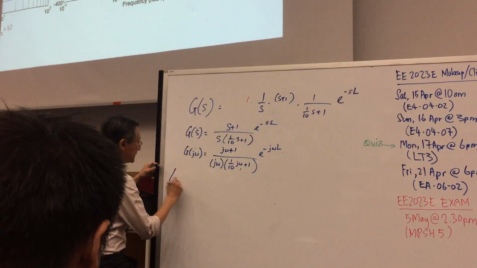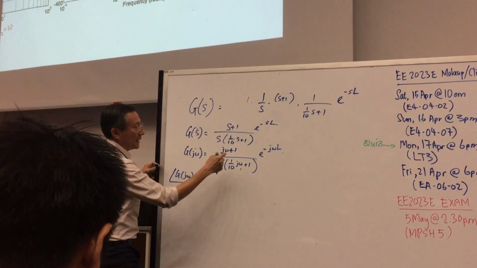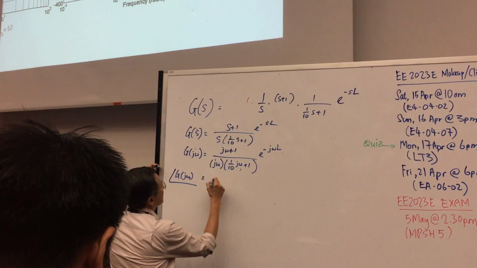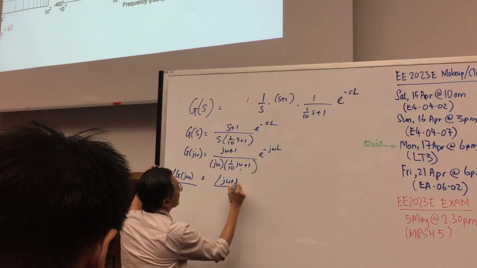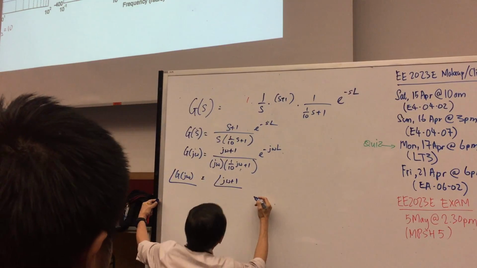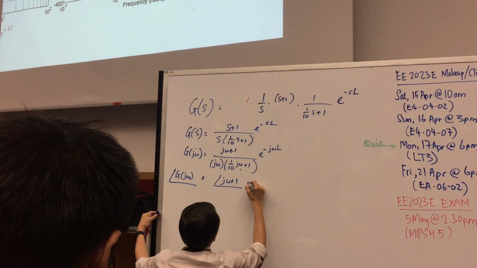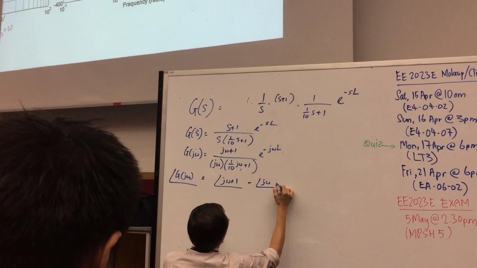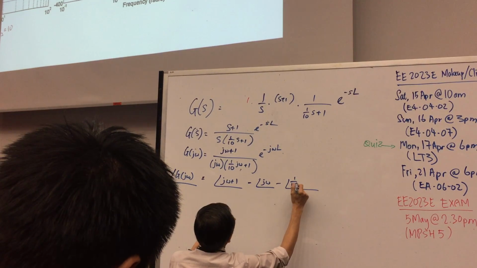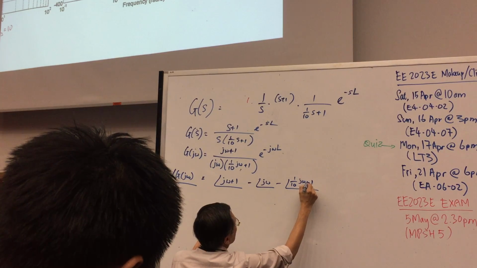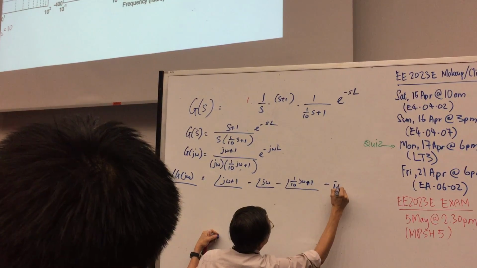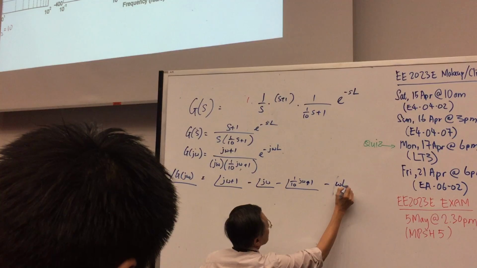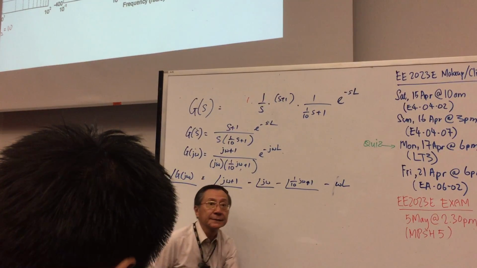Okay, so the phase has 4 parts. 1, 2, 3, 4 parts.